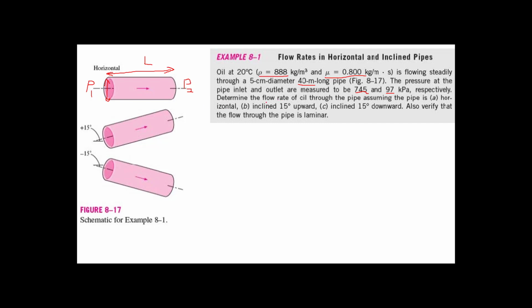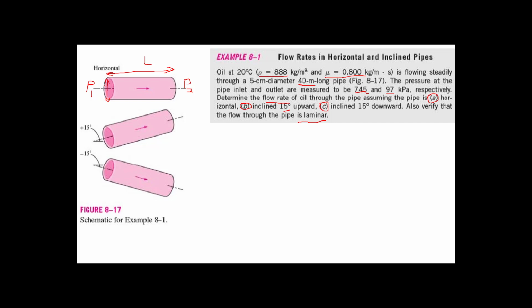Determine the flow rate of oil through the pipe, assuming the pipe is horizontal. So this is the first scenario, horizontal pipe, inclined pipe with 15 degree upward and inclined with 15 downward. Okay, so this is theta negative, and here we have theta positive. Also verify that the flow through the pipe is laminar.